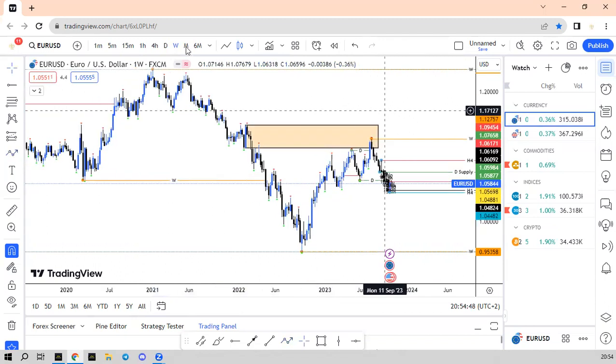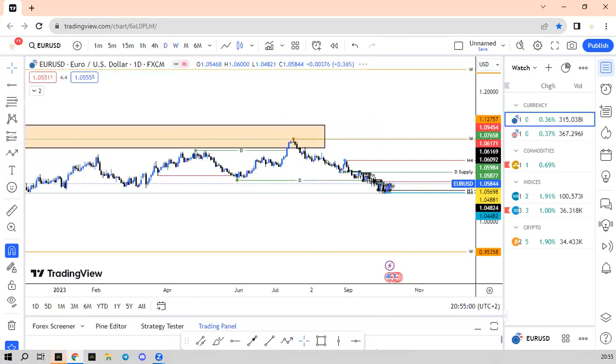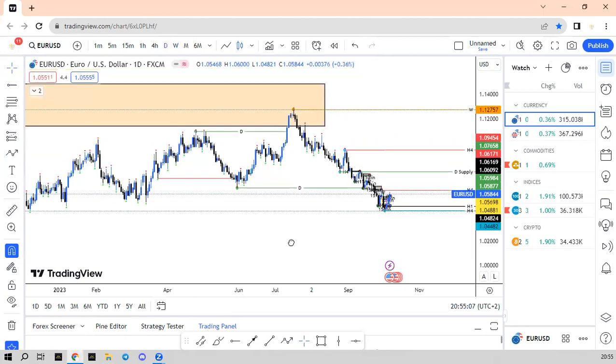So we are still bearish on weekly. And let's jump into the daily range and check what's going on there. Daily, we have a bearish break.